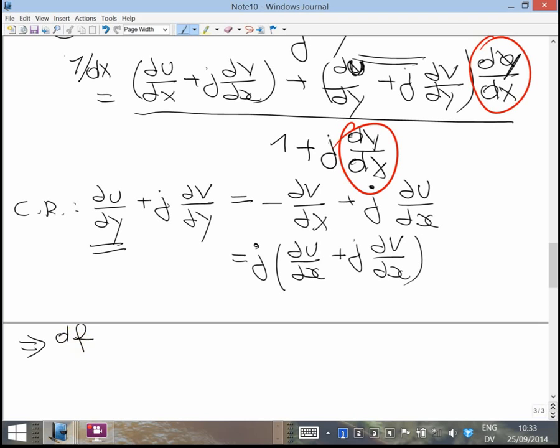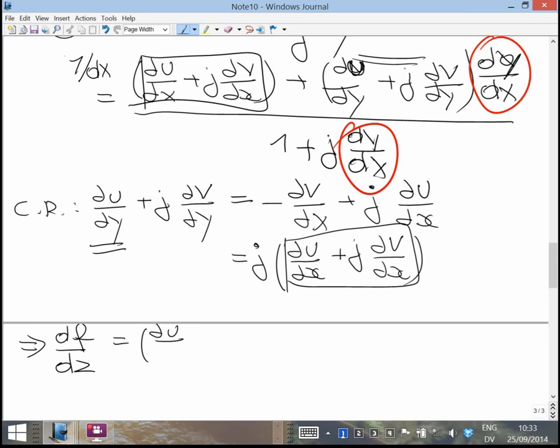So we have df/dz. We have 2 times this factor here, du/dx plus j dv/dx. This also now appears here. That's good news. We can factor out du/dx plus j dv/dx. We have that once with the prefactor 1 and once here with our prefactor j dy/dx.